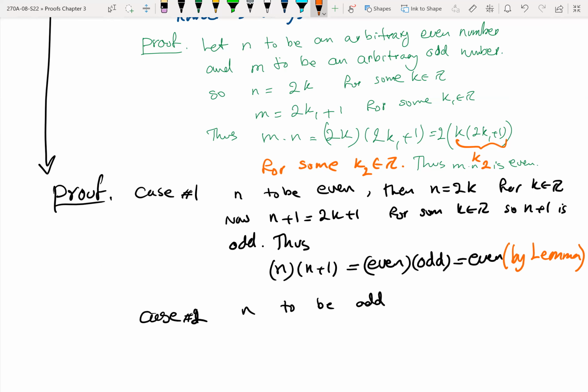And similarly, you can just write the second case, right? If you start with the odd number, then your next number is going to be even.